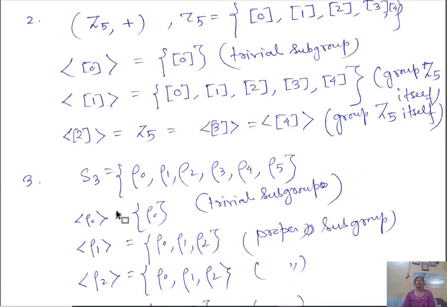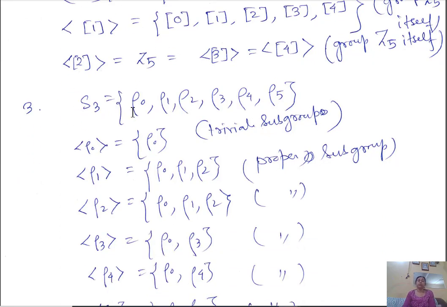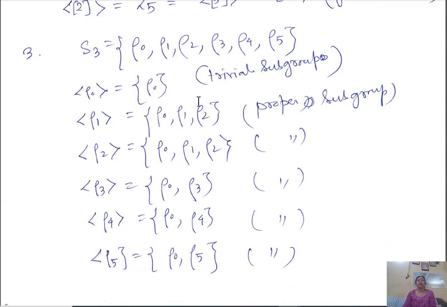If you consider the symmetry group of order 3, with 6 elements, rho 0, rho 1 up to rho 5, you can list the subgroup generated by rho 0, by rho 1, by rho 2, up to rho 5. You can verify this.